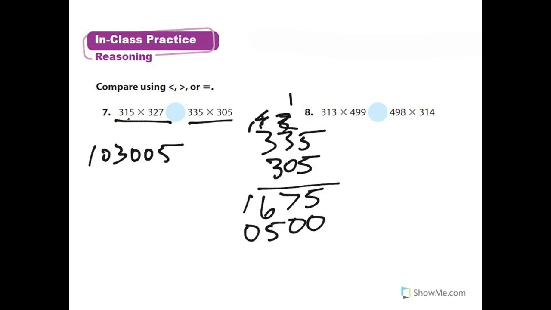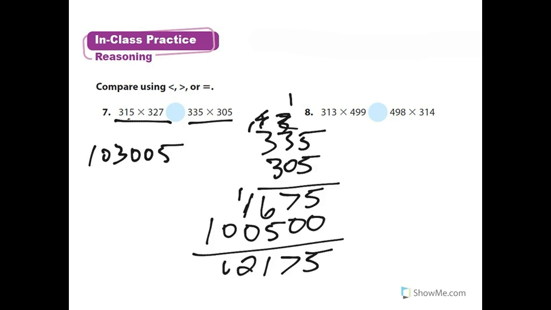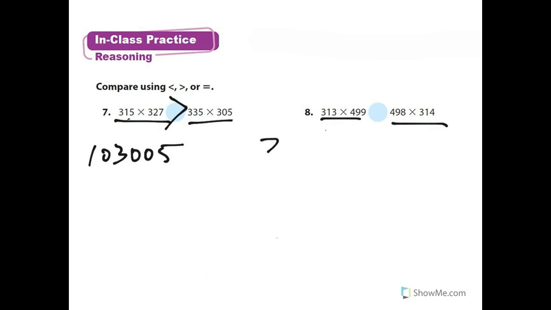Carry that 1. 3 times 3 is 9 plus 1 is 10. So 5, 7, 1, 1, 0, 1. Oh, wait, Mr. Pangburn. That's not right. 6 plus 5 is 11. Carry that 1. Gotta carry that 1. So that's going to be 2, 0, and 1. So, which is greater? This is.